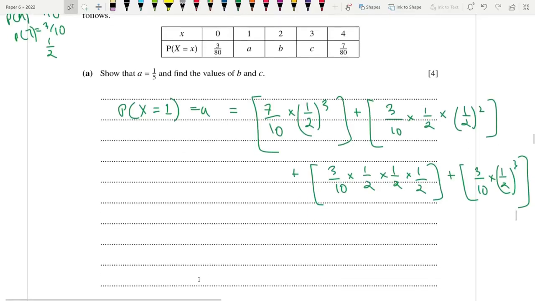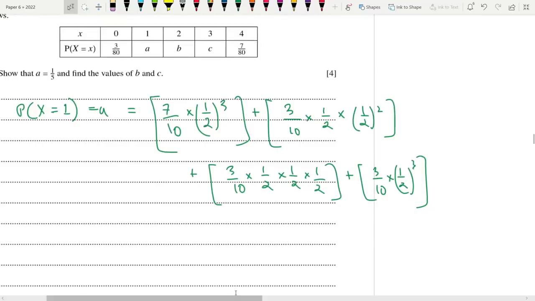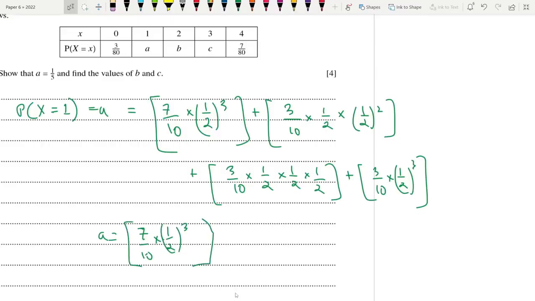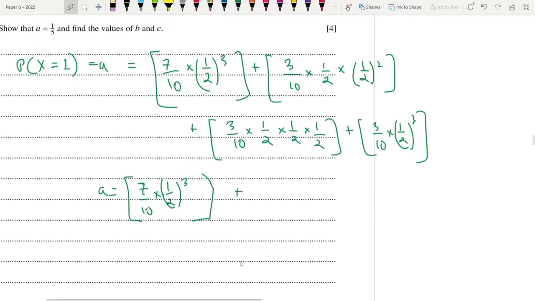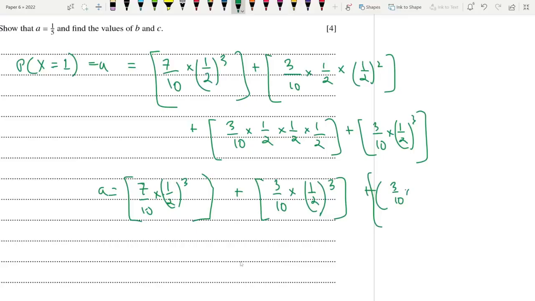So can't I write it like this? Basically, a is equal to 7 by 10 times half cube plus 3 by 10 into half cube plus 3 by 10 into half cube plus 3 by 10 into half cube.